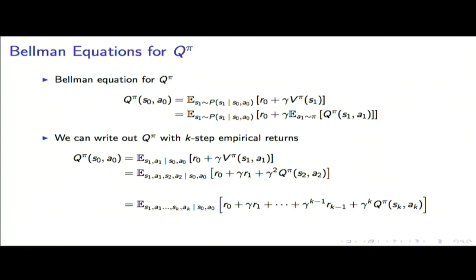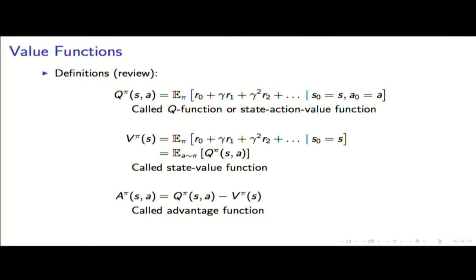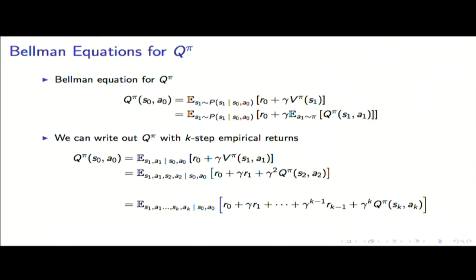Then we can expand it out k times and we get this formula where we have the first k rewards and then we cap it off with the value function k steps into the future. These formulas follow pretty directly from the formula for the Q function with this discounted sum. If you just account for all the reward terms and look at what coefficient they should have, you'll see that these equalities hold.